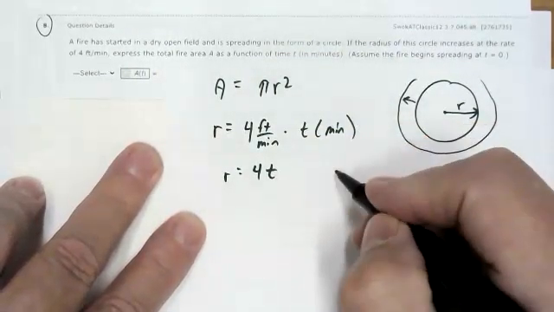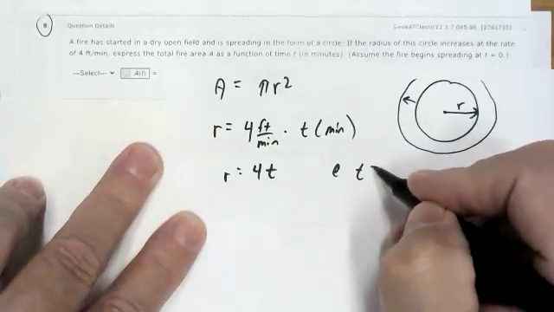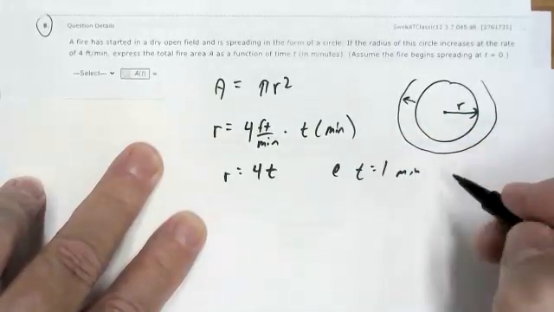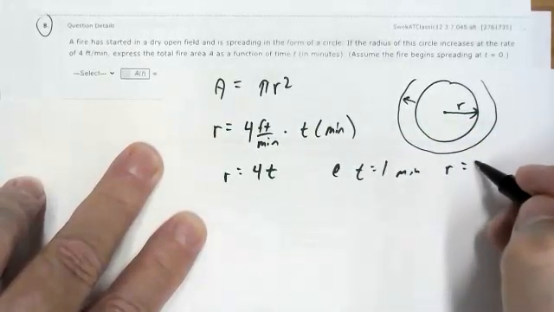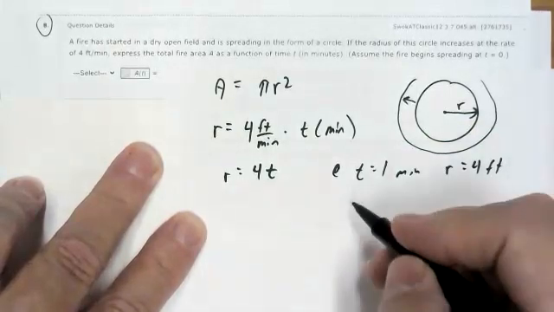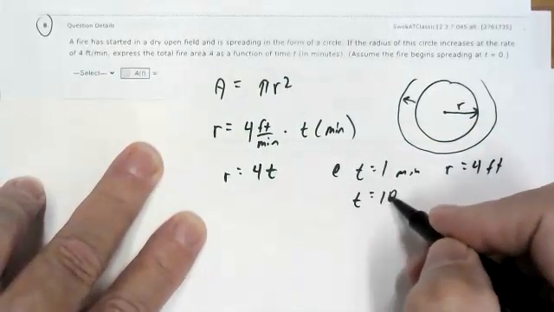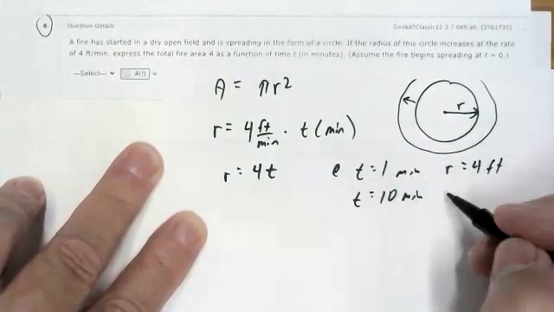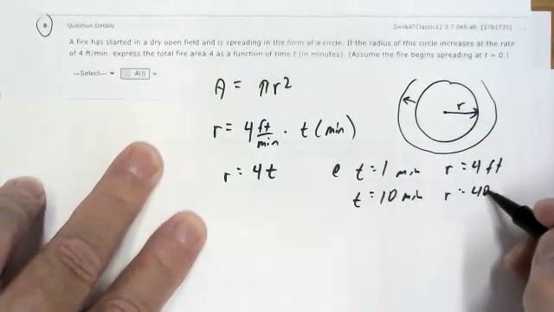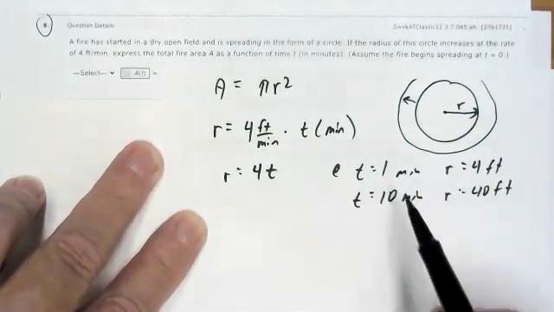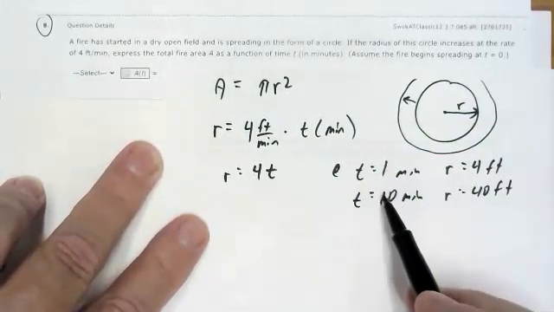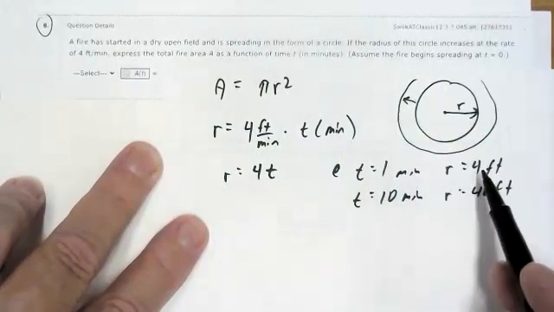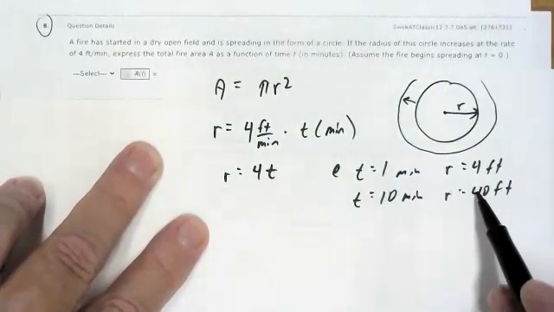So in other words, if t is 1 minute, at that point, the radius is going to be 4 feet. If t is 10 minutes, 10 times 4, the radius of the circle is 40 feet. In other words, the more time passes, the larger the radius.